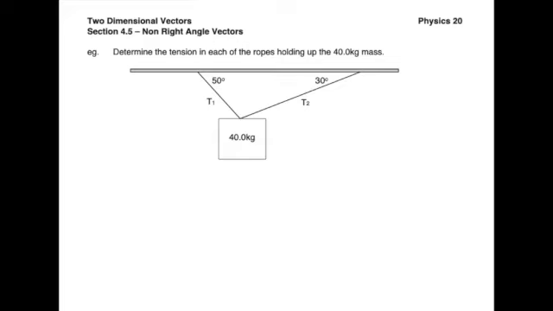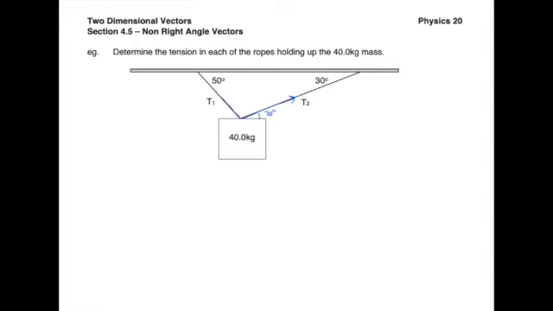You can also do hanging mass questions with angles that don't sum up to 90 degrees using the sine and cosine laws. In this case just the sine law. Our approach is still going to be the same, we just end up with a different triangle. So first of all, I need to know what my free body diagram is going to look like. I do have a tension force heading up in this direction. Now if this top one is 30, then this one here from the horizontal is also 30 degrees.